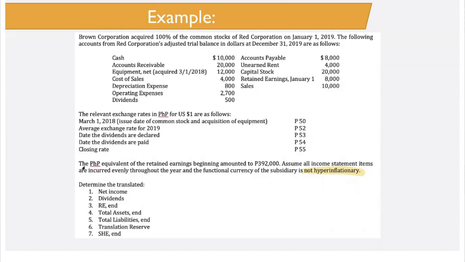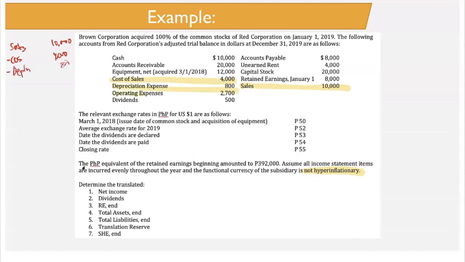So to compute for the amount of our net income, we have here your sales, $10,000. And then we have your cost of sales, $4,000. Depreciation, $800.